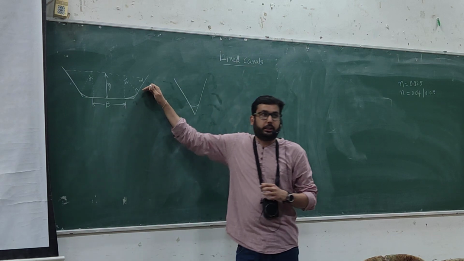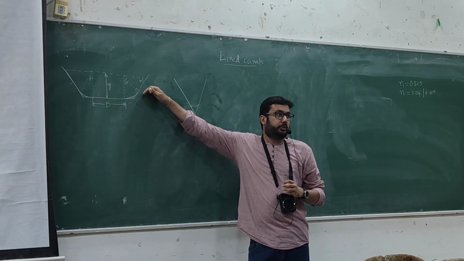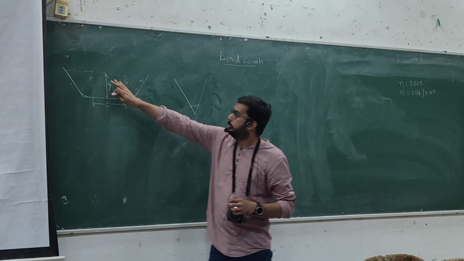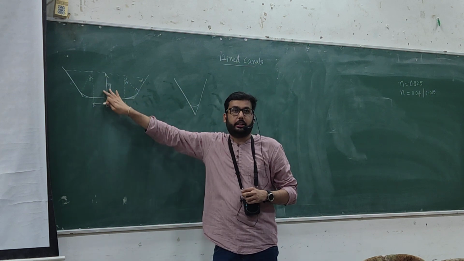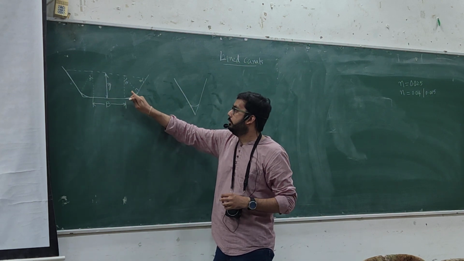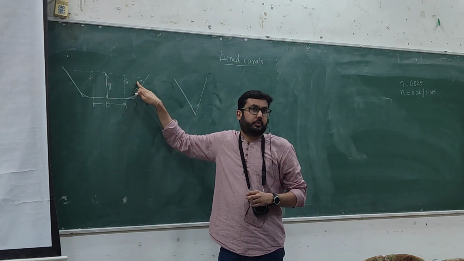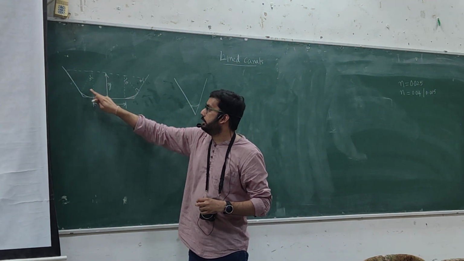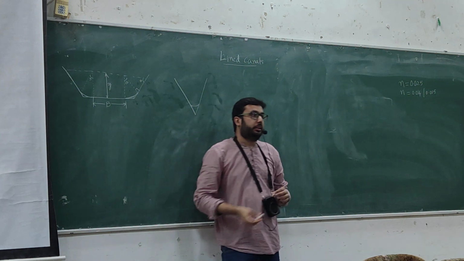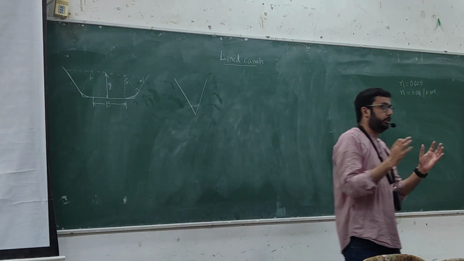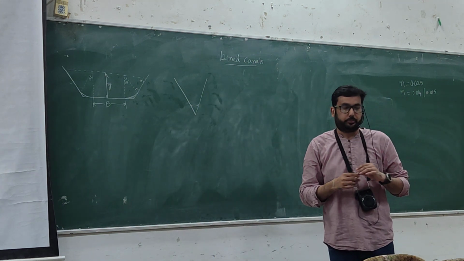So what would be the total area for this section? We have multiple parts. One, we have a rectangle in the middle, and then we have a sector and a triangle, and similarly on the other side, a sector and a triangle. We need to combine all those to get the total area.